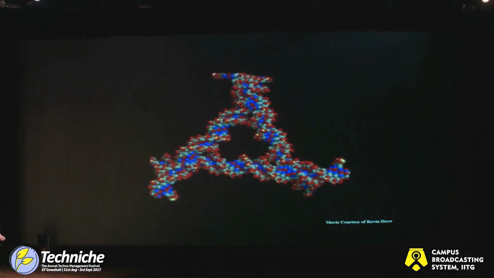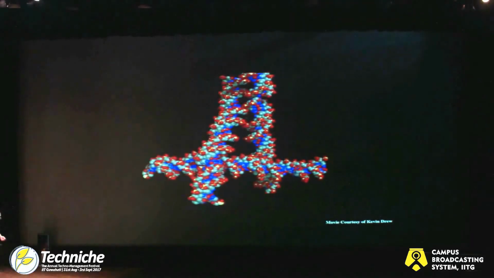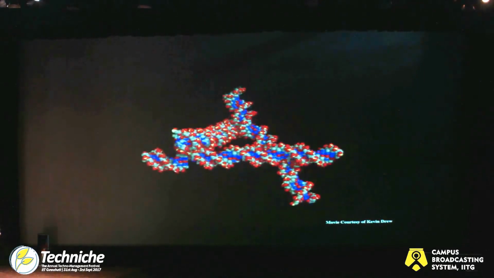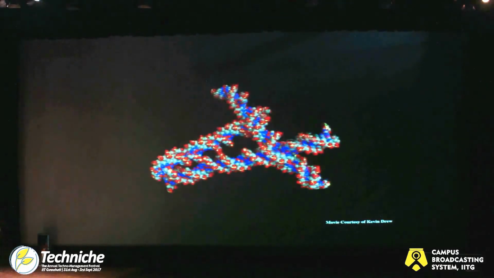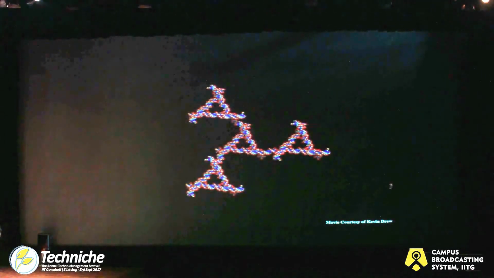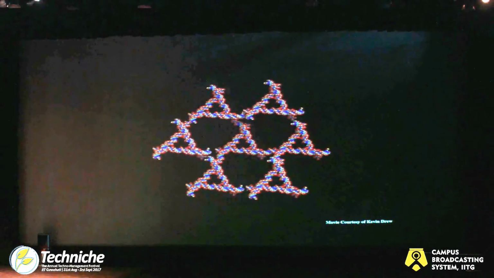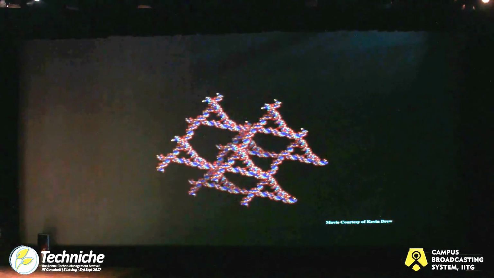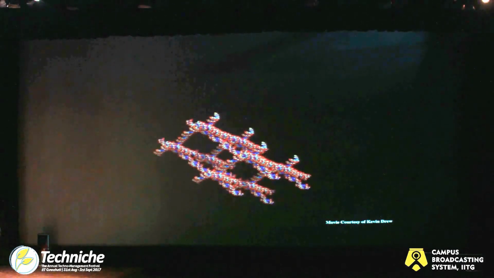This is a movie that shows you the 4-turn helix because it's the most photogenic. And we can watch it actually forming a rhombohedron for us. And you can see there are 4 of the triangles. And here are 4 more, 3 more. And here's the last one. And you can see the rhombohedron that we're able to form.